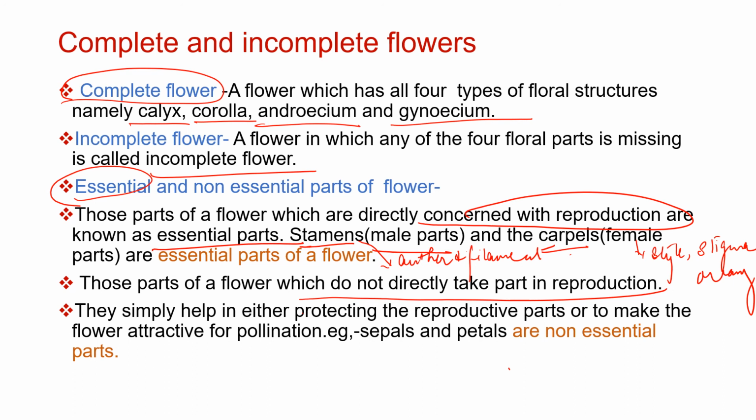Now this is just a quick introduction so that you get acquainted with the terms pedicel, receptacle, bract and the floral axis. You get to know what nectaries are, and we can quickly sum up what a complete flower is, what an incomplete flower is, and what essential and non-essential parts of a flower are. So I think till now you are clear with this lesson on flower structure and its function.